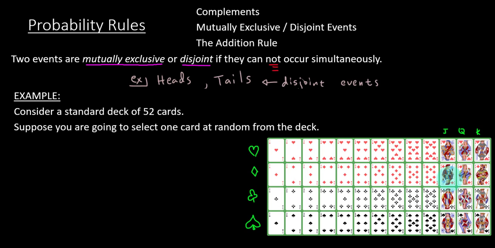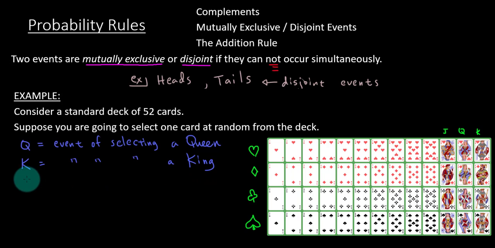And what I'm also going to do here is define a few events in shorthand because we're going to refer to them a few times. Let queen be represented by a Q. So this is the event that a queen is selected. K is going to represent the event of selecting a king.